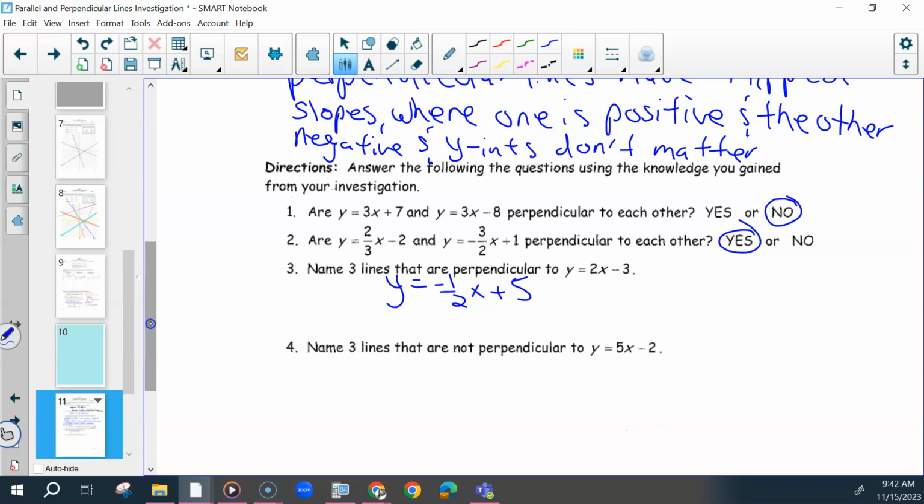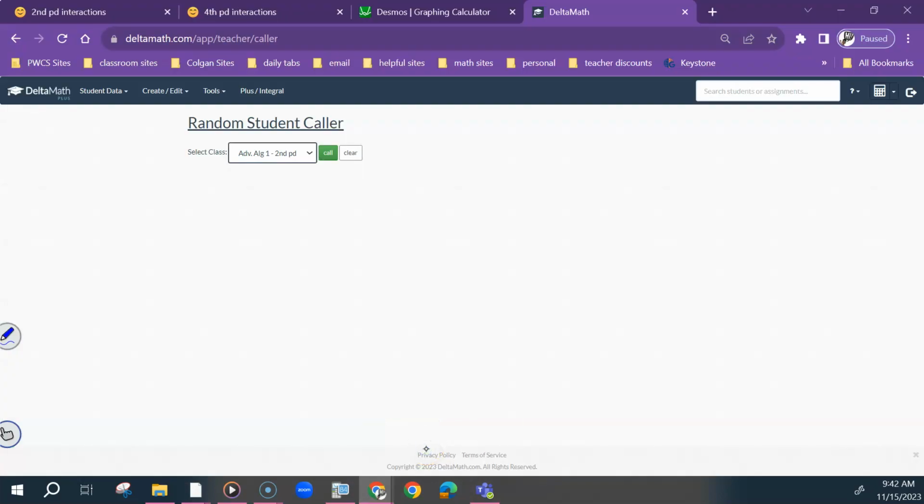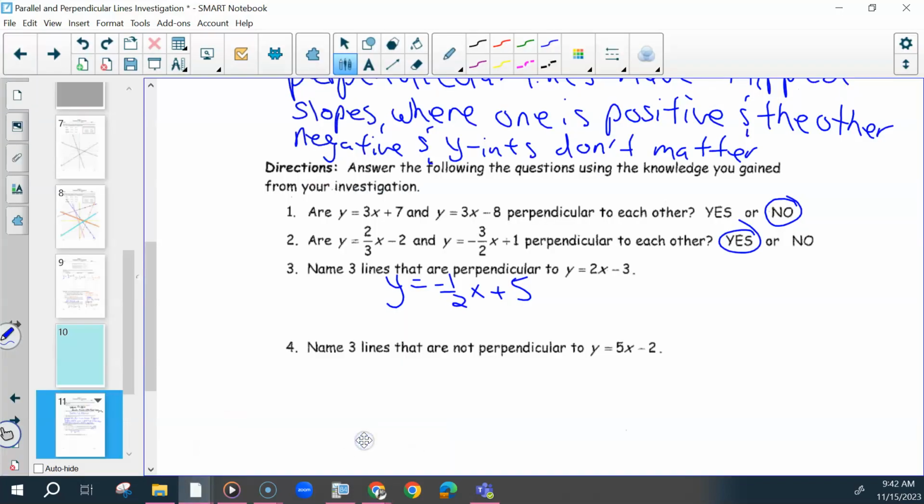I need 2 more who did not give me one. Going once. Going twice. Give me a perpendicular line. So the slope is going to be this.